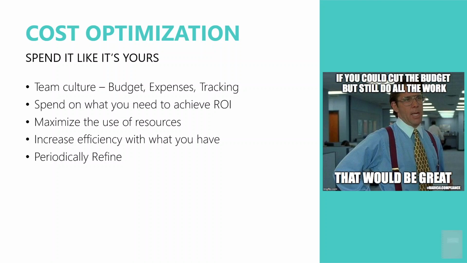So continuously revisit this and make sure that it's fit for purpose and actually giving some sort of return on investment. The other thing is maximize the use of your resources. I think on the previous pillar I mentioned using compute that you can downscale and all of that, use it to increase reliability and all of that.